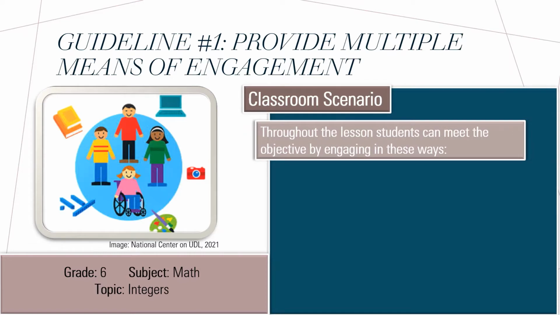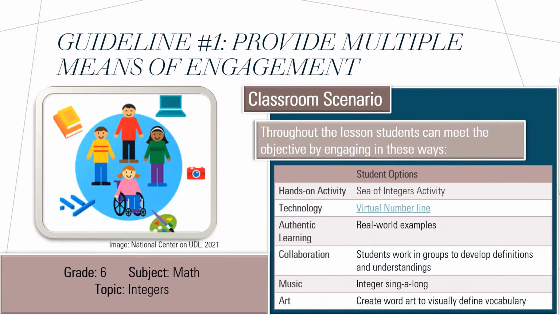A teacher can adhere to guideline number 1 by throughout the lesson the students can meet the objective by engaging in multiple ways. They can engage in hands-on activities, technology, authentic learning with real-world examples, collaboration, music, and art, just to name a few.